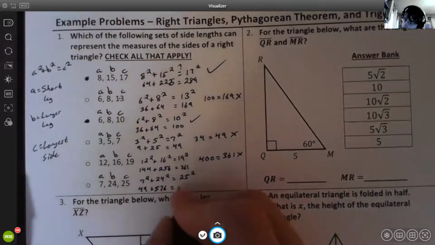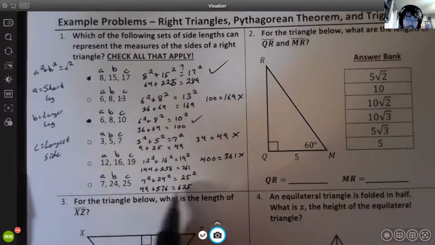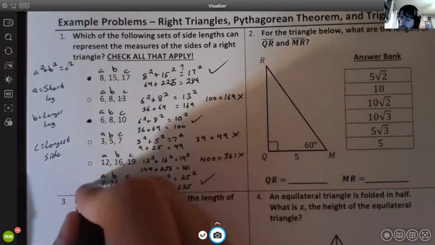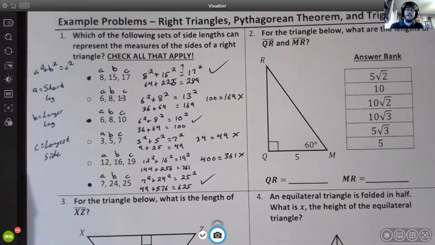And 25 squared is 625. If we take 49 and add 576, we do get 625. So the last one is also a right triangle. For reference, this would be similar to things that Q.2 was asking you in the IXLs.